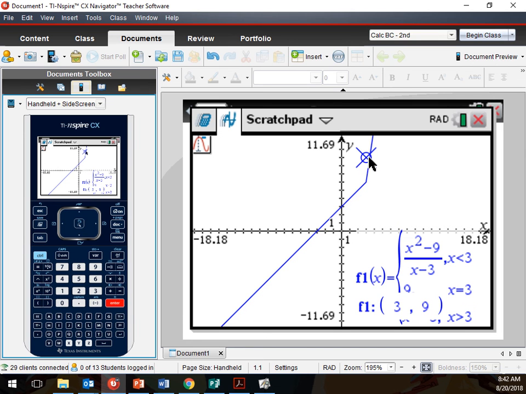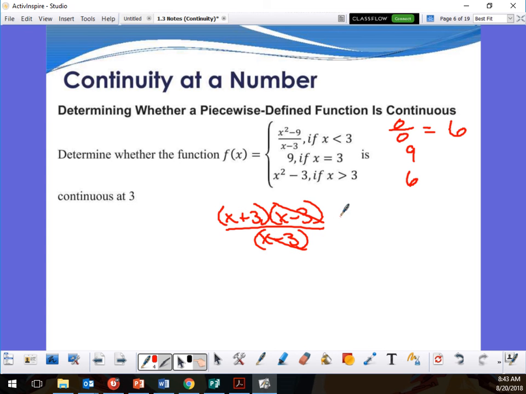So since this one is not on my graph, that means it is not continuous. That means that this corner right here has a hole. So remember, roller coaster. If there is a hole, it is not continuous. Discontinuous. That's what we're going for. Discontinuity. So is this going to be continuous? Not continuous, right? No.